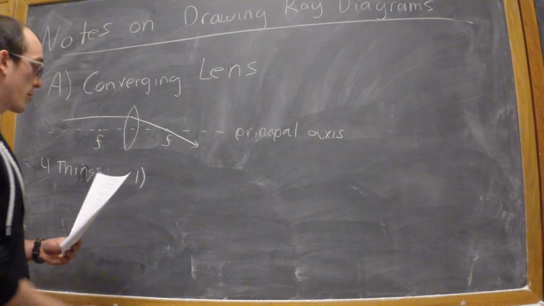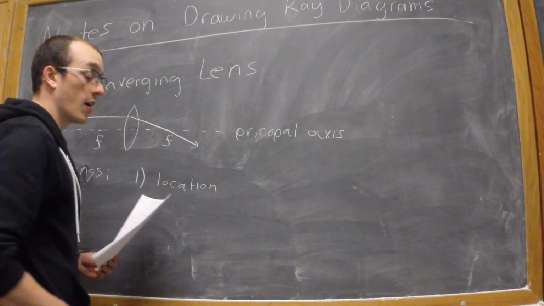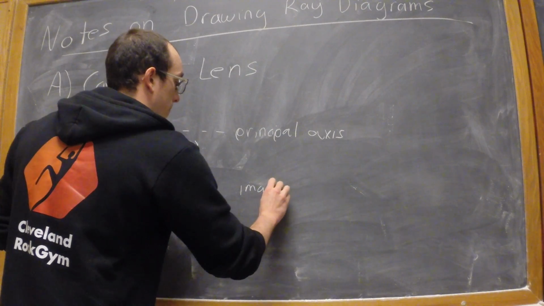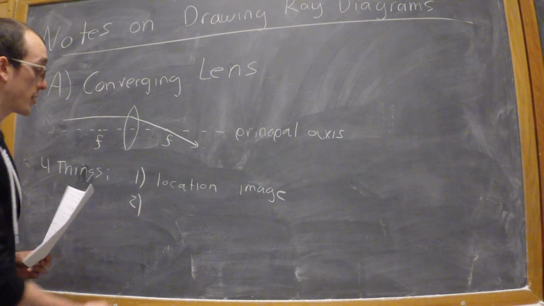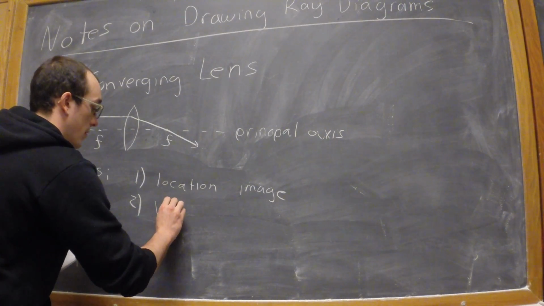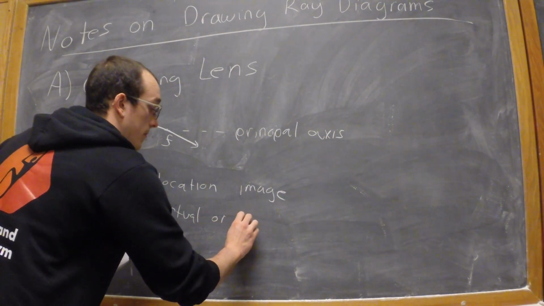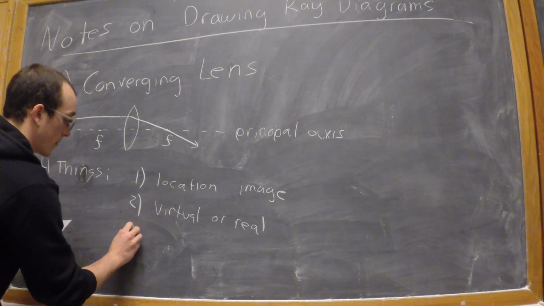First, we want to determine the location of the image. Second, we want to determine whether it's virtual or real, which in a way is connected to the location.